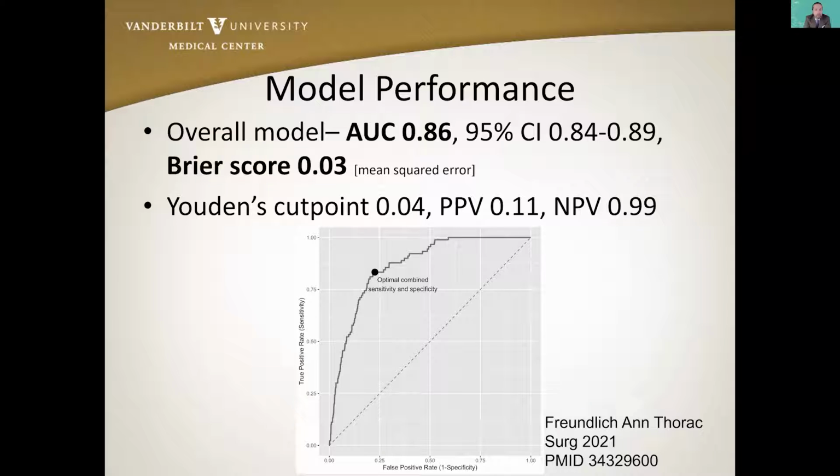So at differing points on the model, sensitivity and specificity may vary. What's frequently used is called the Youden's cut point. So that's a mathematical cut point that optimizes sensitivity and specificity, but is a nice way to demonstrate the accuracy of your model using positive predictive value, negative predictive value, and other things that readers are often used to reading.